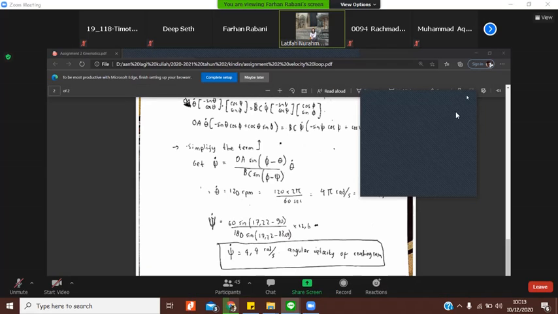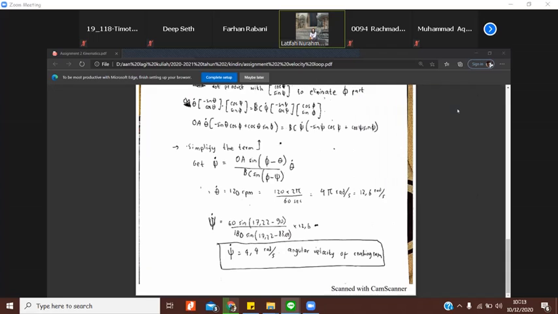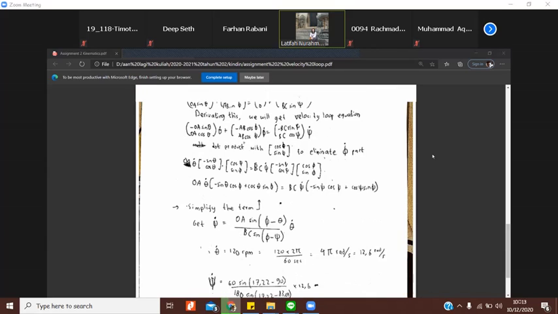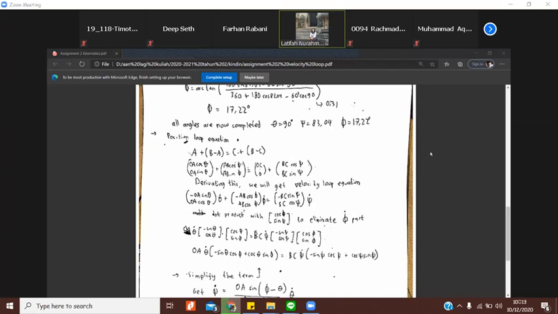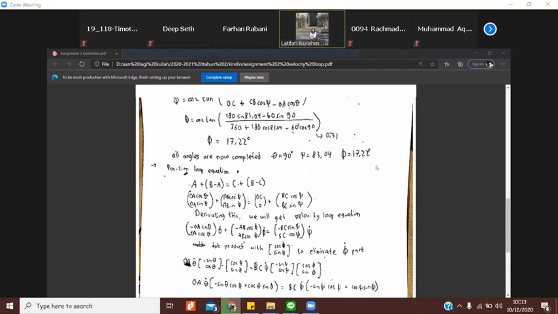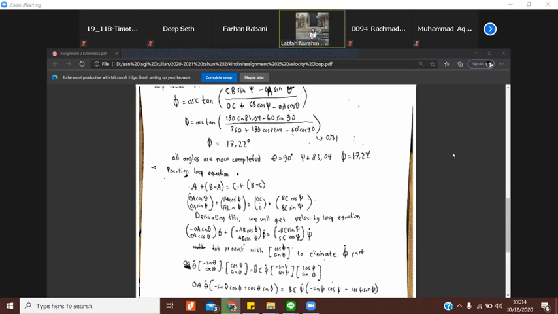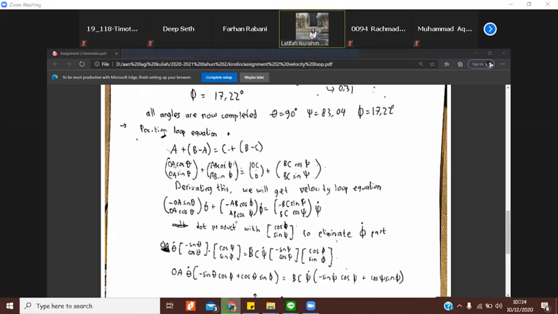One thing, all of this looks perfect, but then I realized one thing. If you go up a little bit to your elimination, yes, this one. You derived vector A, A cos theta, this is correct. B minus A, this is correct.